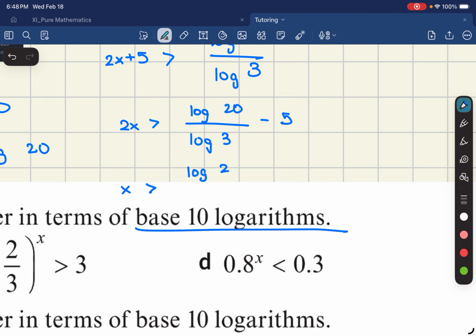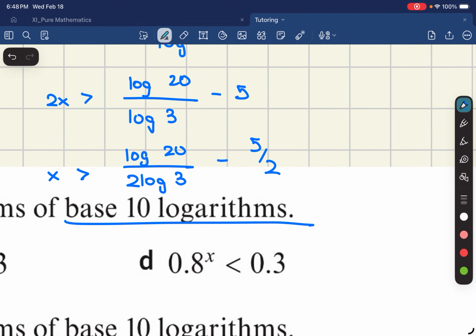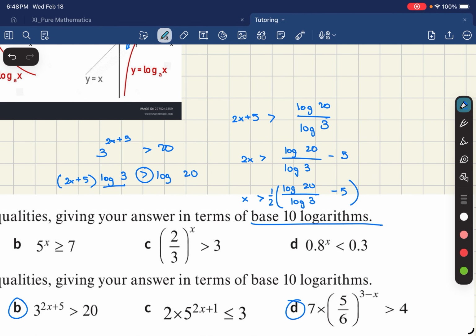So I get log 20 over 2 log 3 minus 5 by 2, if I divide by 2 on both sides. So x is bigger than that. The textbook just gives the answer as half of something minus 5, but it's essentially the same thing.